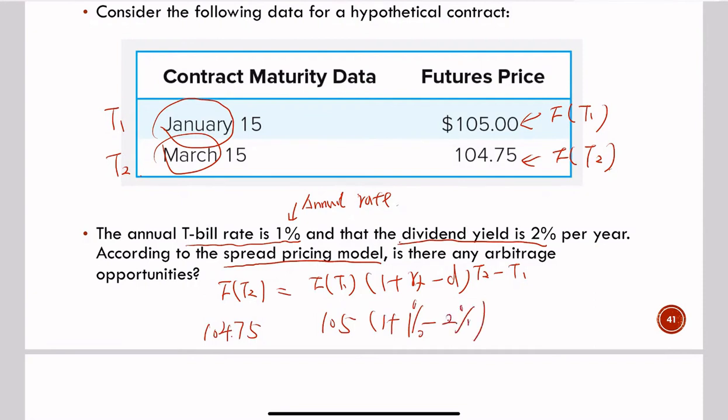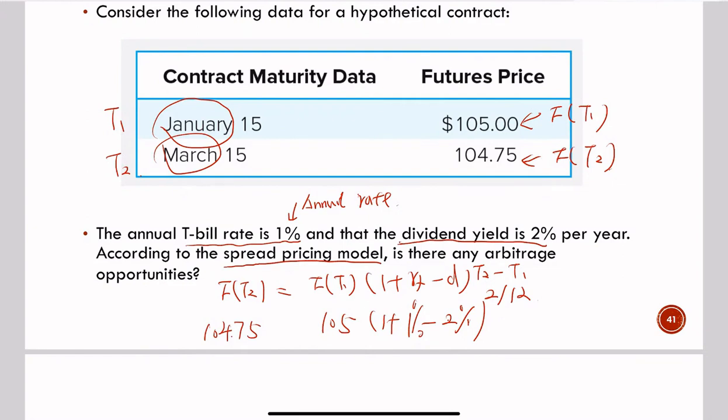Now, what is T2 minus T1? It seems that we should put a number 2 here, right? But it's not, because 1% and 2% are referring to annual rates. So we cannot use monthly rate. Sorry, we cannot use 2 months here. So we have to use 2 divided by 12, right? It's sort of like you're annualizing 2 months.